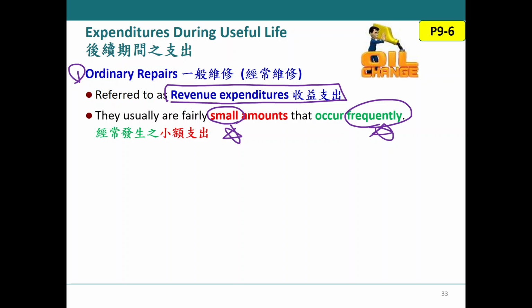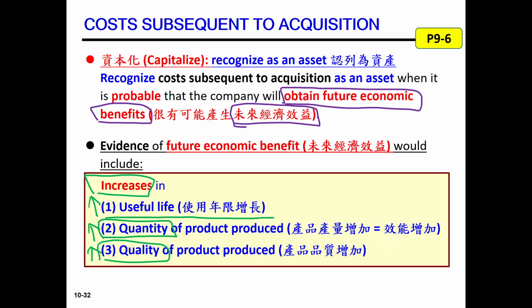You spend the money to change a small part, 零件. Could you guess, when you change the oil, when you change the small part, do you have this kind of situation? Quite hard, okay? Does changing the oil make your motorcycle go faster?